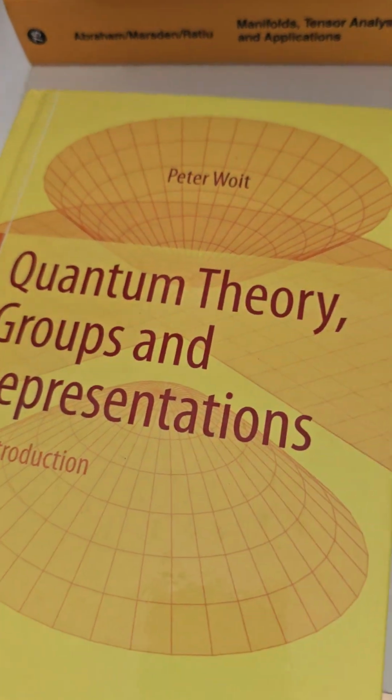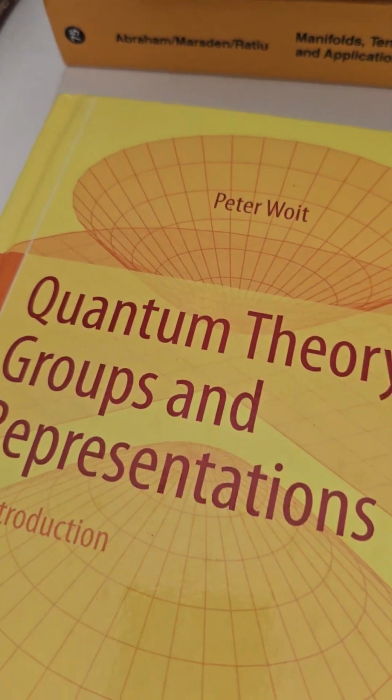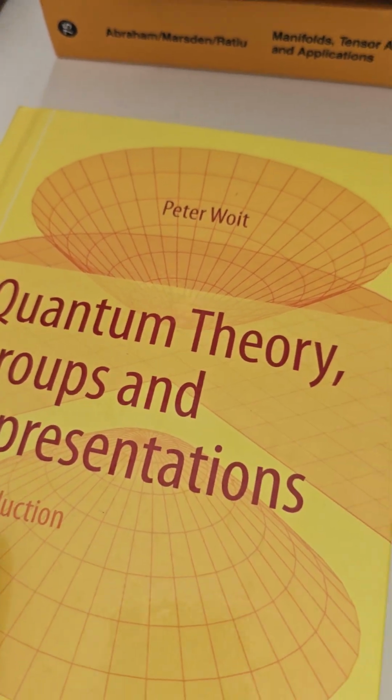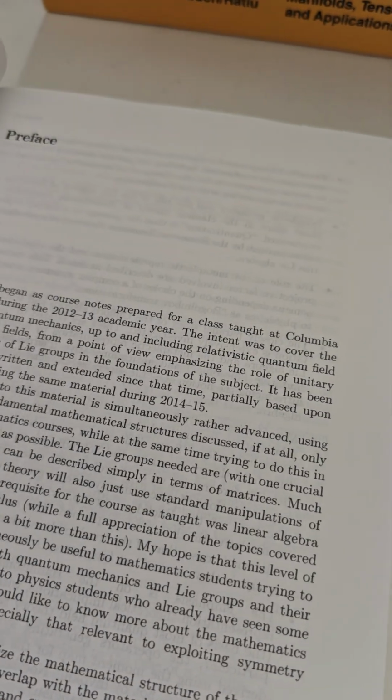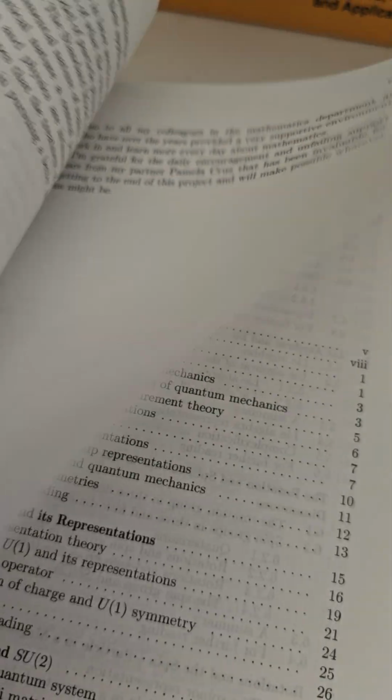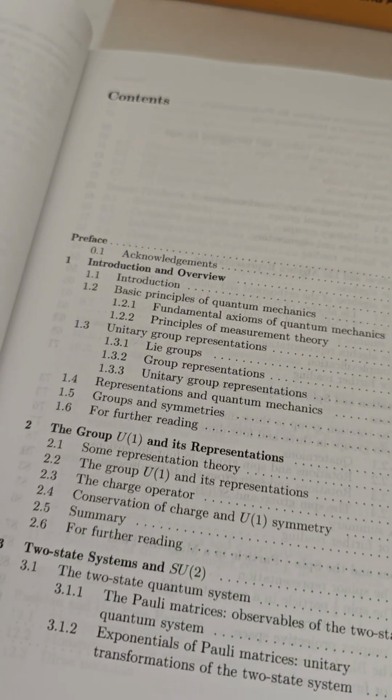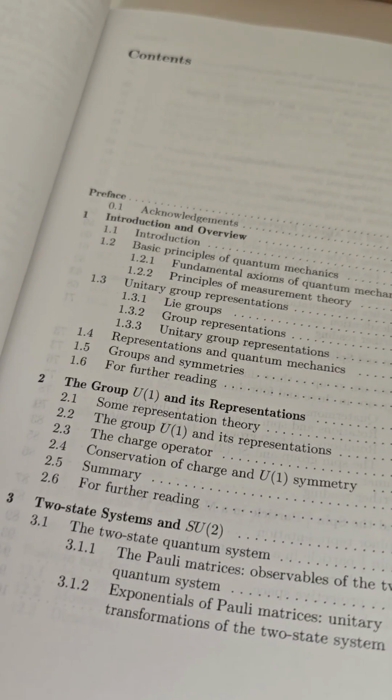Next, we have a book by Woit on quantum theory, groups, and representations, an introduction. This is a book on quantum theory for mathematicians. So it starts with the group U(1) and representations, the two-state system, and SU(2).